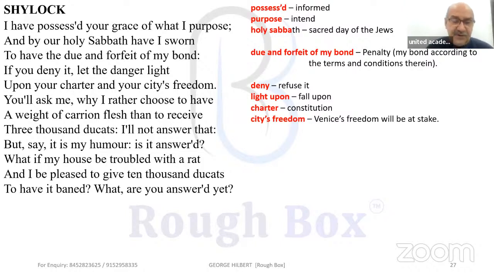Now, if the foreigners come to know that the law is not equal to them, then they will pack up their businesses and go away. And the economy of Venice will fall flat and become zero. So, the country's constitution and its freedom will be in danger in that sense.